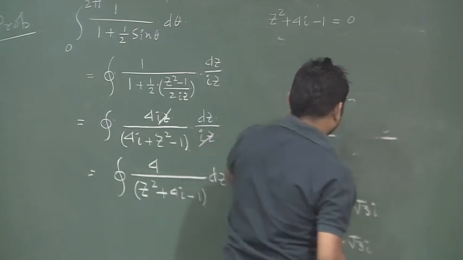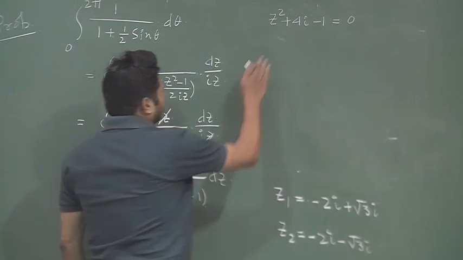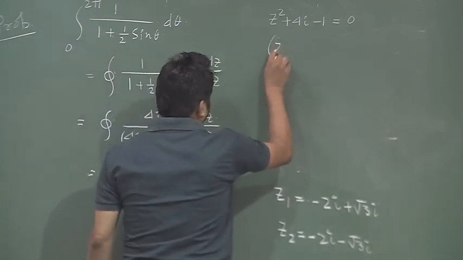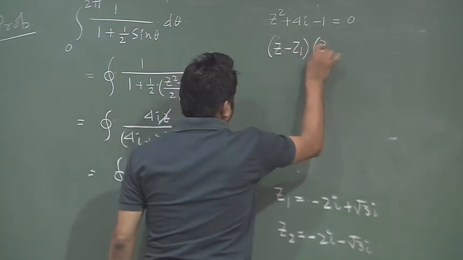what I am getting. So, this function is now factorized, and if I factorize it, it is z minus z1 multiplied by z minus z2.